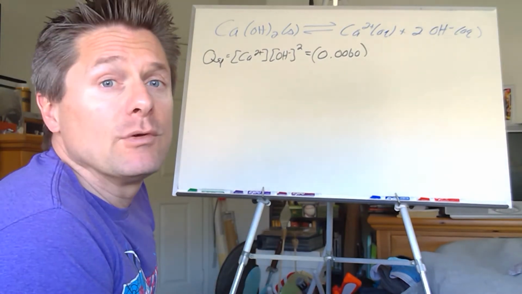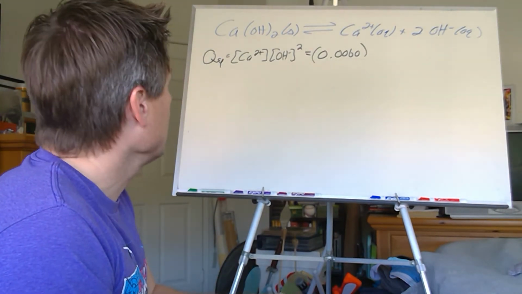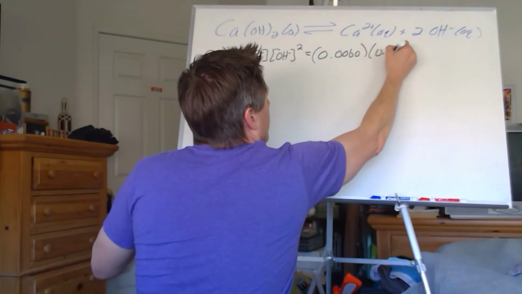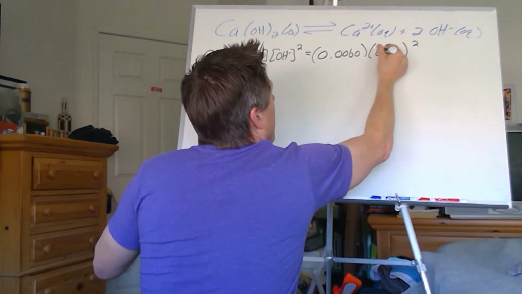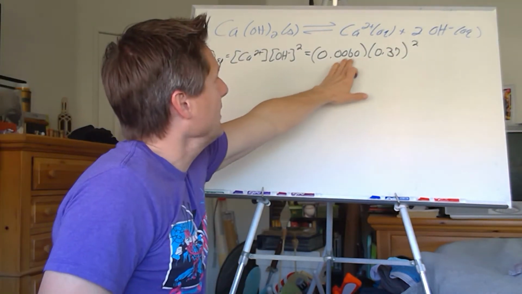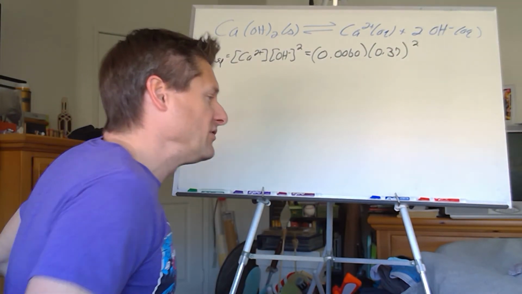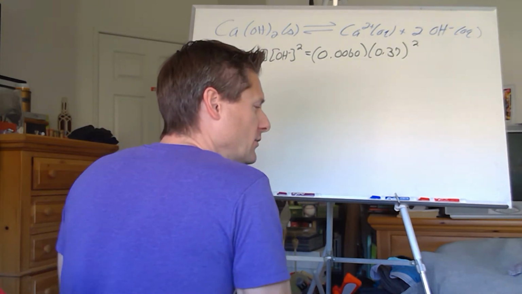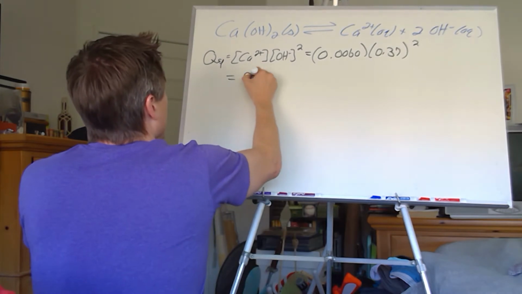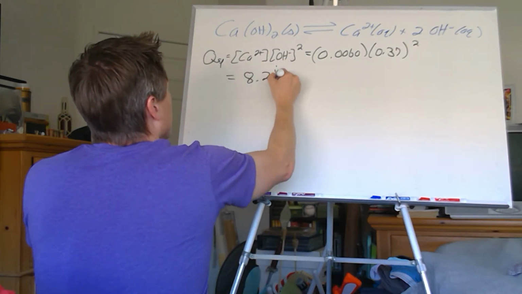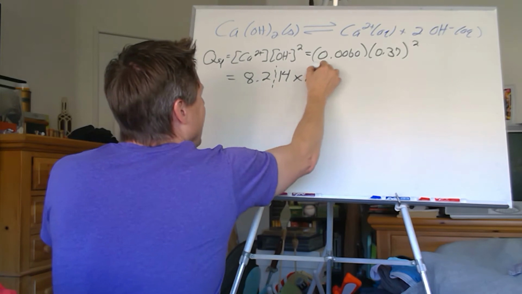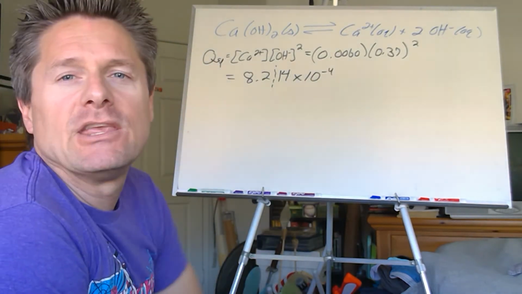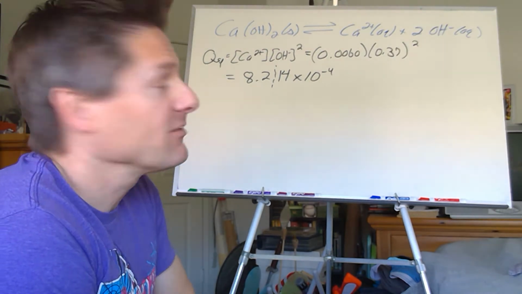And again, we don't need to use units when we're doing Q and K calculations. The hydroxide, I think, was 0.37, and we've got to square that. We have 2 significant digits in both, so our answer is going to have 2 significant digits. QSP to 2 significant digits is 8.2, with the next digits 14, times 10 to the -4th. We don't need to round that because I didn't really ask for that.